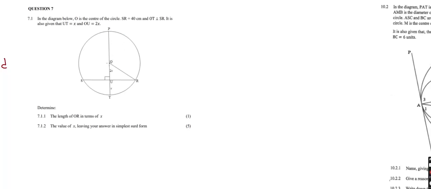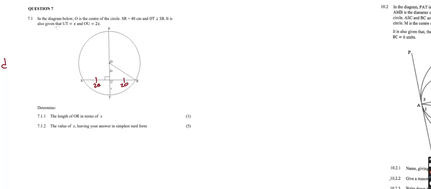We are given a line from center that is already perpendicular to the chord. So what happens to the chord? The chord is bisected. So we say line from center perpendicular to chord bisects the chord. So SU is equal to UR, but they are telling us that SR is 40. So each of these are going to be 20.